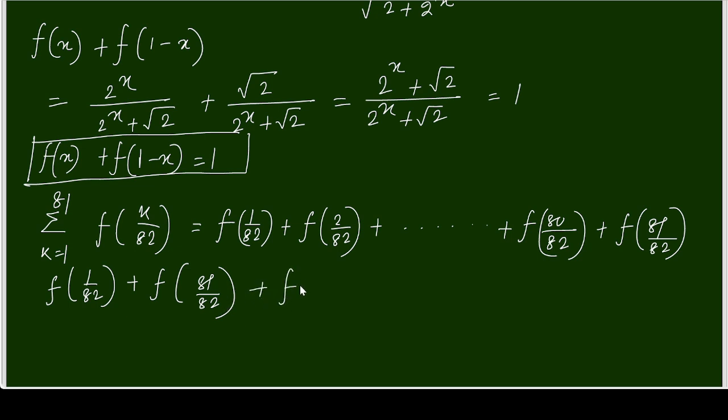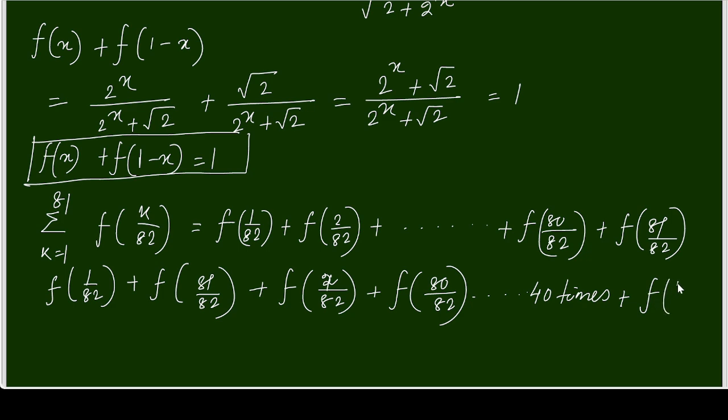Similarly, f of 2 over 82 plus f of 1 minus 2 over 82, that will be 80 over 82. How many times will you get? You will get 40 times. And what is the single term? That will be f of 41 over 82.